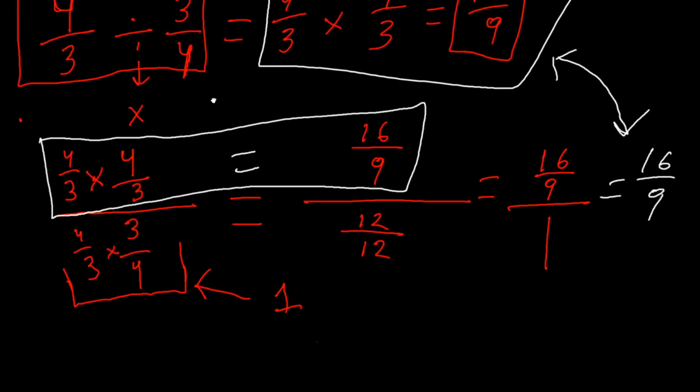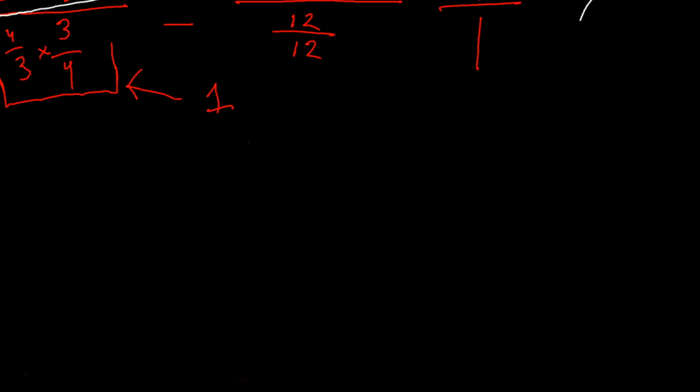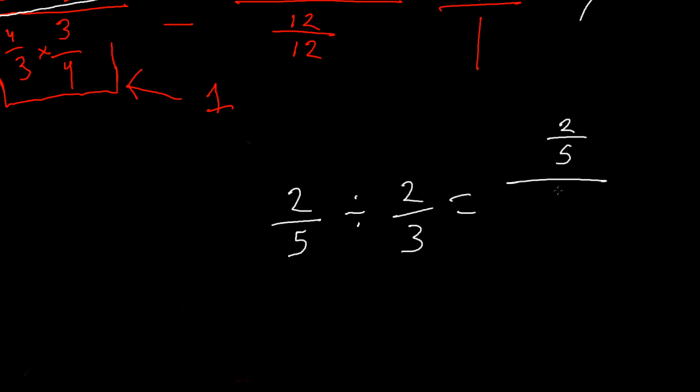We'll do another one. This right here is a bit messy, but now we're going to do it with the slightly longer way. So if we have 2/5 and we want to divide it by 2/3, we would rewrite this as just a fraction, right?